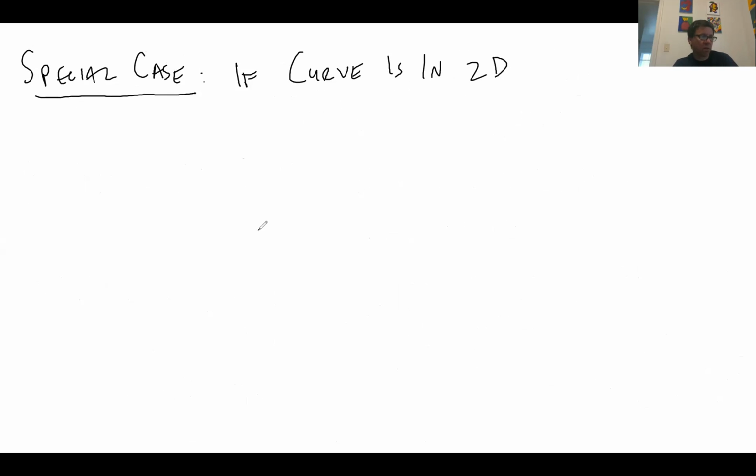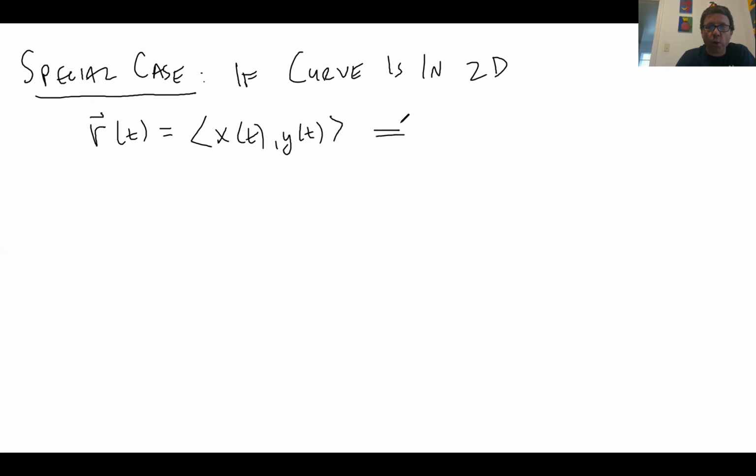So if we don't have a third dimension component to this, then what this will look like is r of t will be given by something like x of t, y of t, or even more precisely, if we eliminate the parameter, we can get a curve that's going to look like y equals some function of x.